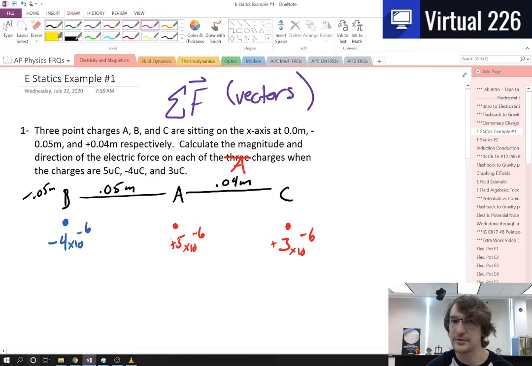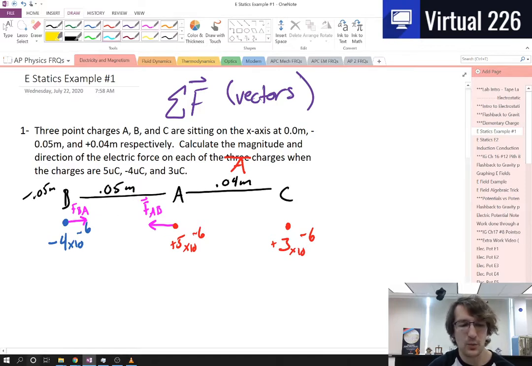We know that opposites attract, which means that B is going to be pulled to the right from charge A. That's the force on charge B from charge A. And we know that charge A is going to be pulled to the left by an equal amount. These are equal and opposite forces. That's Newton's third law. And we'll call this the force on A from B, Fab. So that's what's going on between A and B.